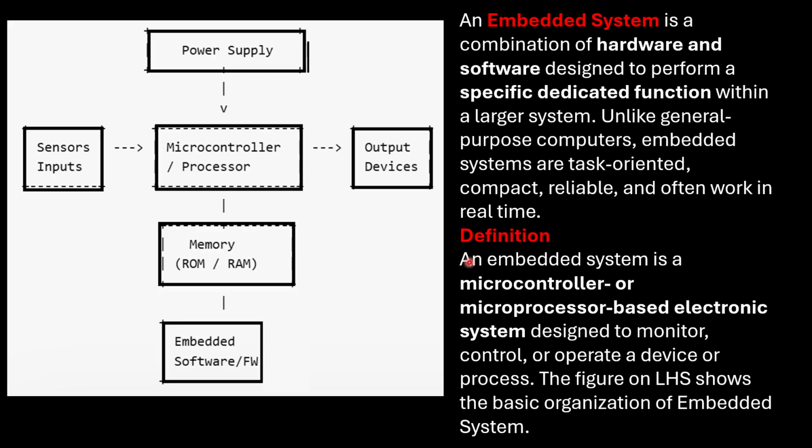The definition of embedded system is a microcontroller or microprocessor based electronic system designed to monitor, control, or operate a device or process. The figure on the left hand side shows the basic organization of an embedded system.